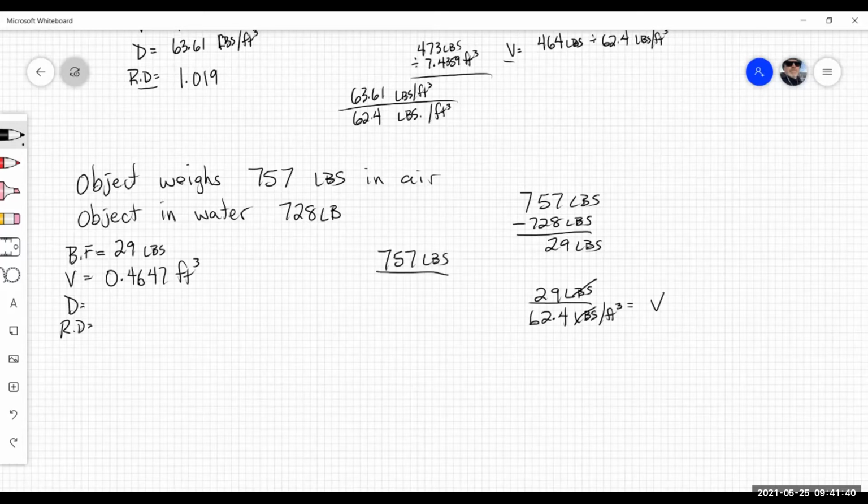Now that I have the volume, I can get the density by taking the mass of the object and dividing it by the volume. And that would give you my density, and that equals 1629.008 pounds per cubic foot, excuse me.